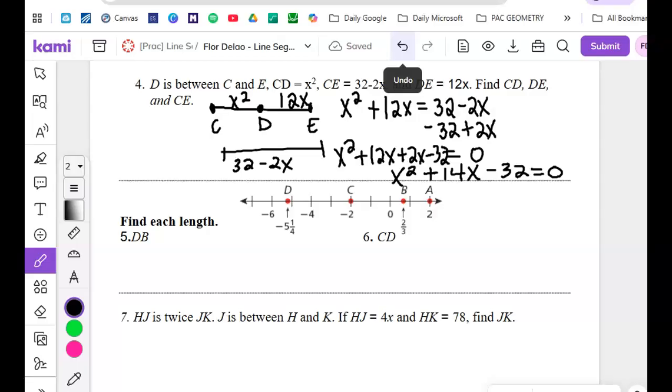Okay, so we have this equation now. For quadratics, there are different ways to solve them. You can do box method, you can factor, you can do quadratic formula. Whatever you like to do. How many solutions are you going to get? 2. Okay? I would use the solution that is positive. And if you don't remember, you have to find 2 numbers that multiply to make 32 and add up to 13.